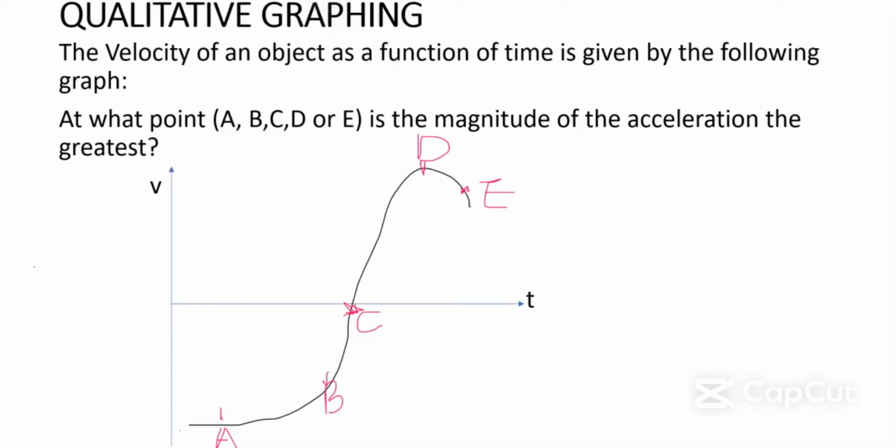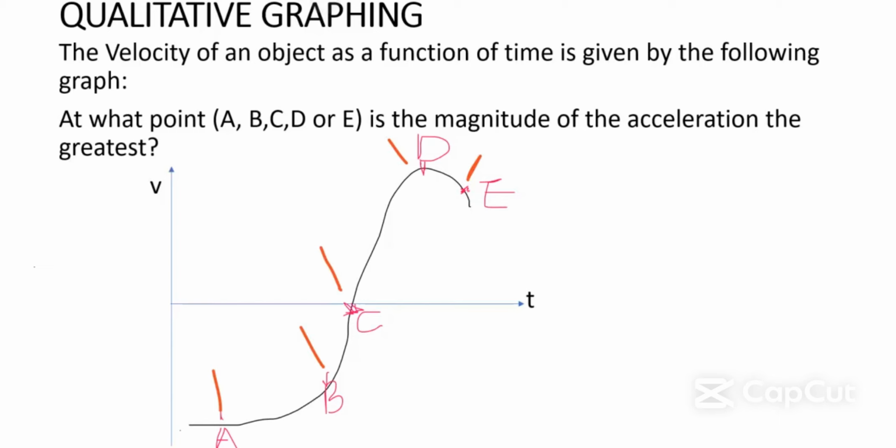At what point, A, B, C, D, or E, is the magnitude of the acceleration the greatest?